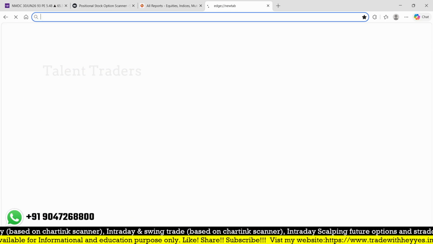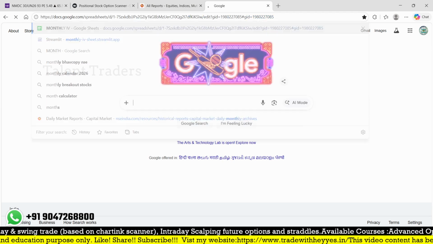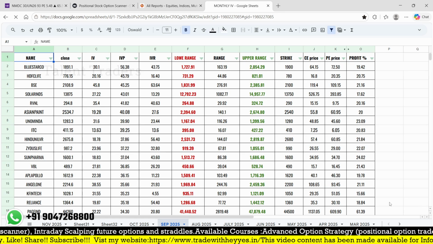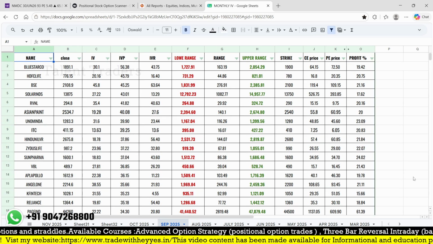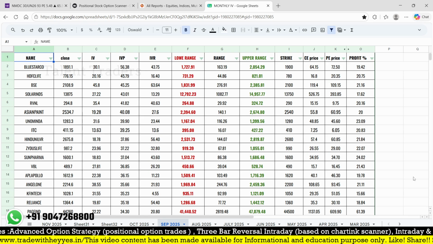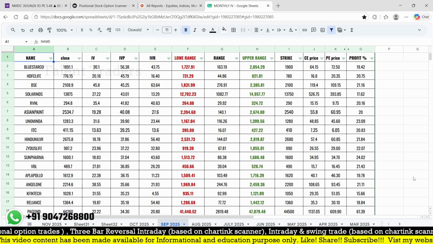And one more thing, monthly IV data. Those who are using monthly IV, we are not updating here. Last November itself we stopped, but we developed a tool. By using the tool, you can develop this monthly IV sheet. To generate a monthly IV sheet for the month of June, you can use today's data. Maybe after 8:30 it will be updated on the NSE website.